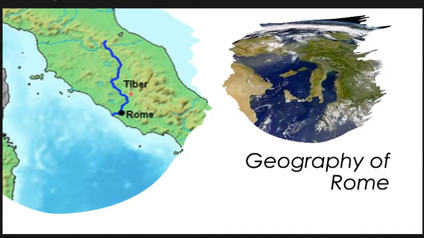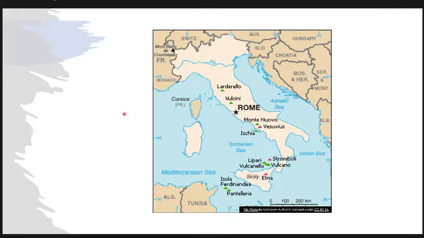Now, Rome is not exactly a coastal town, but its location on the river, which is close to the coast, makes it a port city because people can sail up the river a little bit into Rome. Now, if you look at Rome's location on Italy itself, you'll see that it's midway on the boot, kind of in the middle.